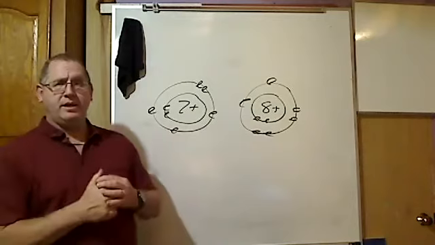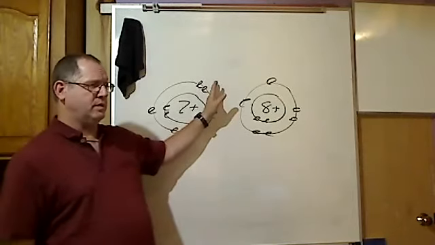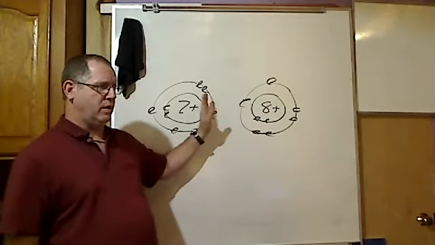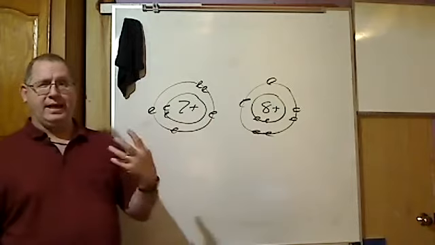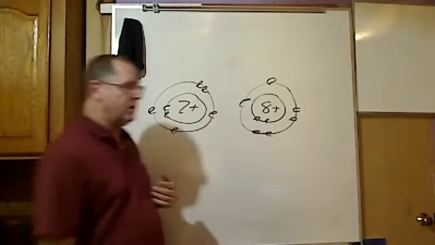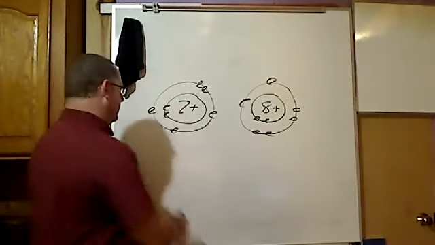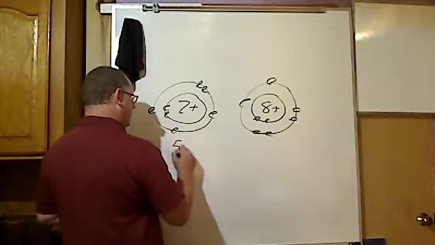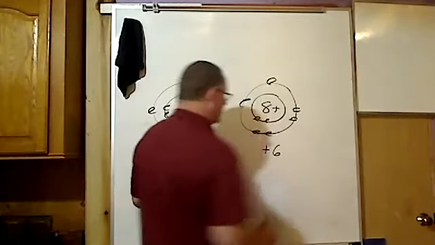The number of shielding electrons causes a lower nuclear charge to be felt by these electrons. We call that effective nuclear charge: protons minus shielding electrons. This one has an effective nuclear charge of +5. This one would have an effective nuclear charge of +6.